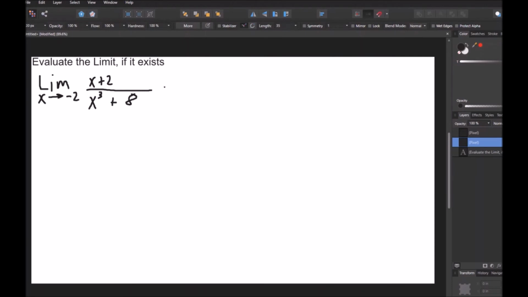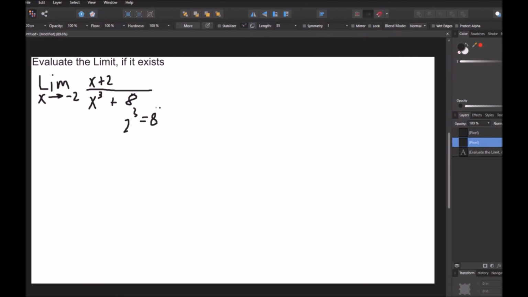Okay, so in this next question we're asked the exact same thing, but this time we have the limit as x approaches negative 2 of x plus 2 over x cubed plus 8. Now we can't use direct substitution here because we'd get 0 over 0. So what you have to remember here is that 2 cubed is 8.